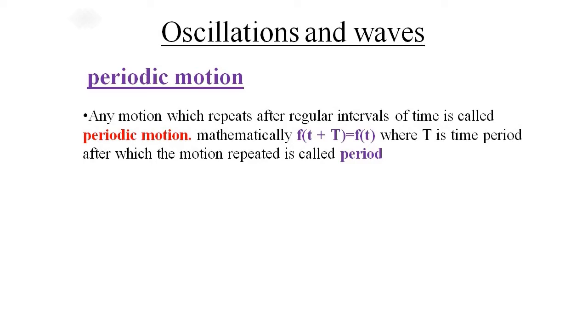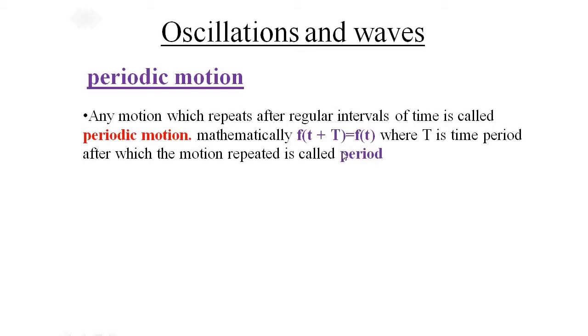Mathematically, we can represent that motion by a function. Such a function should satisfy f(t + T) = f(t). That is, the function repeats after the period T, where capital T is called the period.